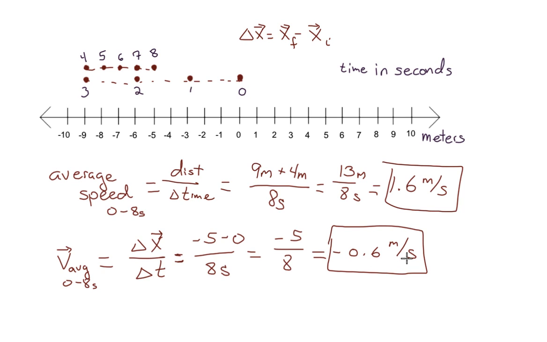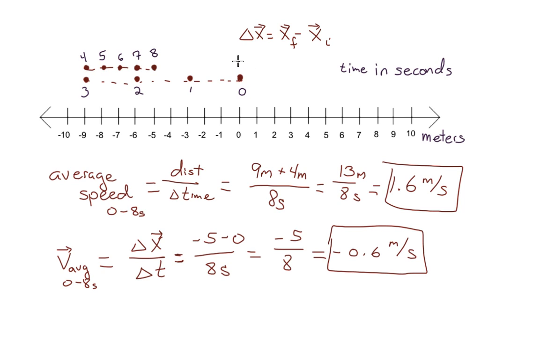This number is a little bit more difficult to explain, and it's telling you something about how much it displaced over the time period, not really worrying about the path that it took to get there. Negative 0.6 meters per second means that the object could travel 0.6 meters per second to the left, and it will have gotten to this location in 8 seconds. The actual path is further off to the left, and then it kind of warps back around here.